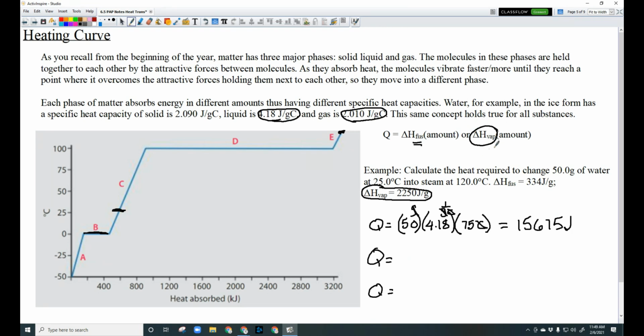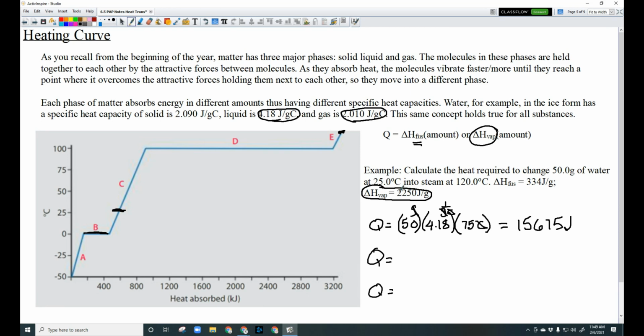So the heat of vaporization times the amount of water. Lucky for us, the heat of vaporization that's given to us is in joules per gram. Sometimes this is given in joules per mole, so you have to make sure that the units match, because here we're given grams of water.